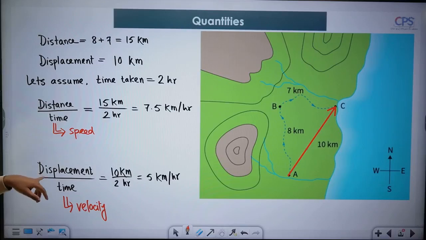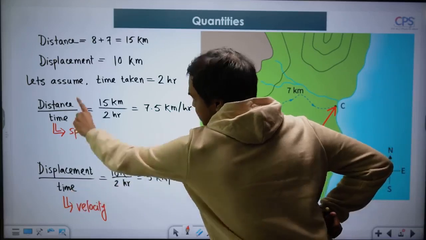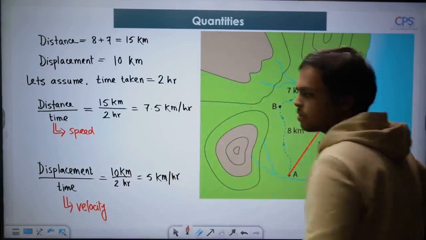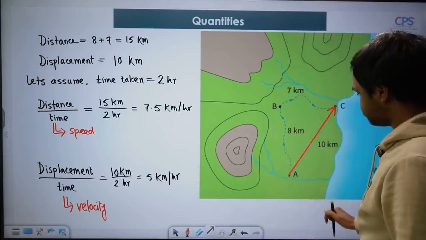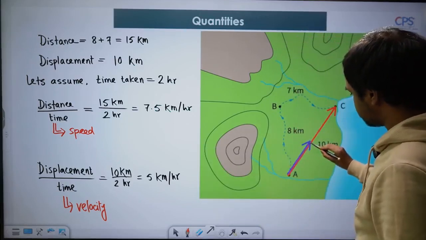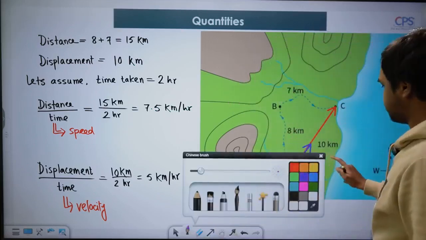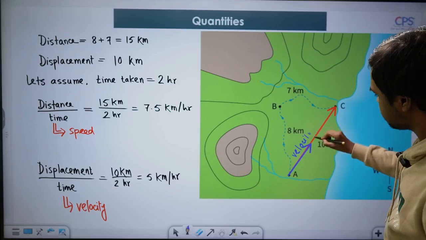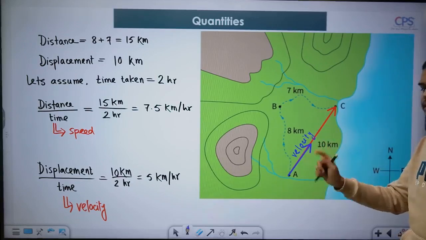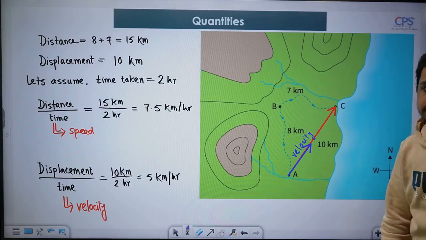But displacement has a definite direction, so velocity will have a definite direction here. Remember that. It will be handy for us in future. So the direction of velocity is the same as the direction of displacement.